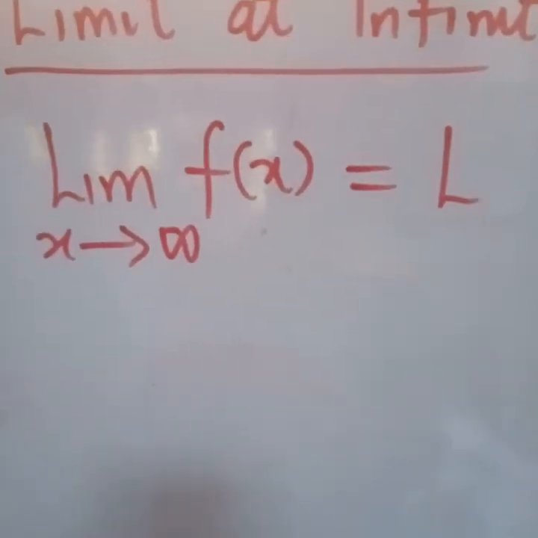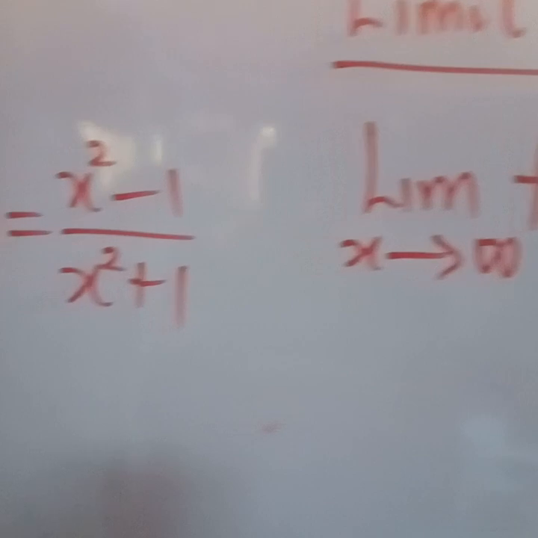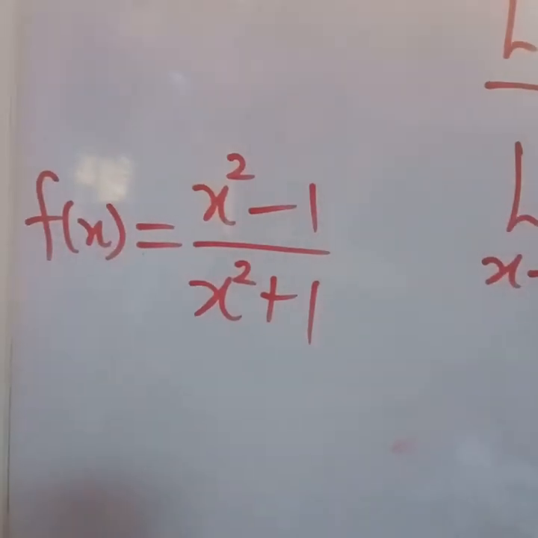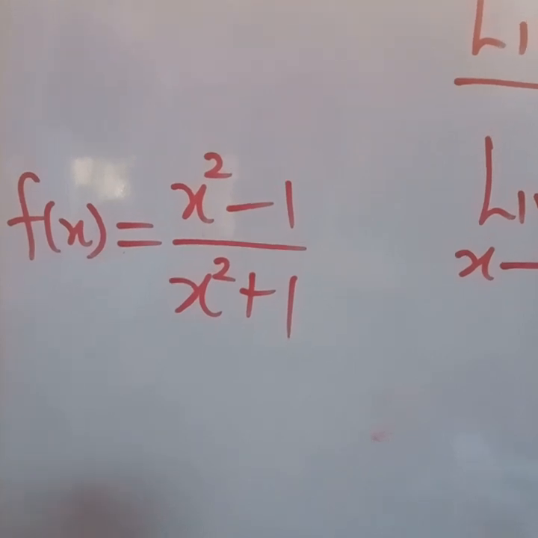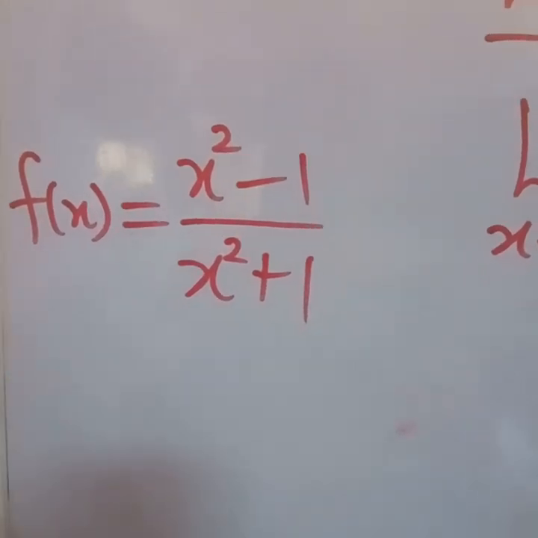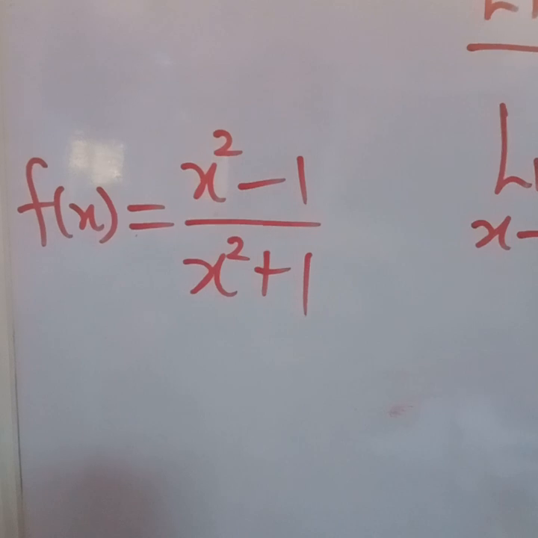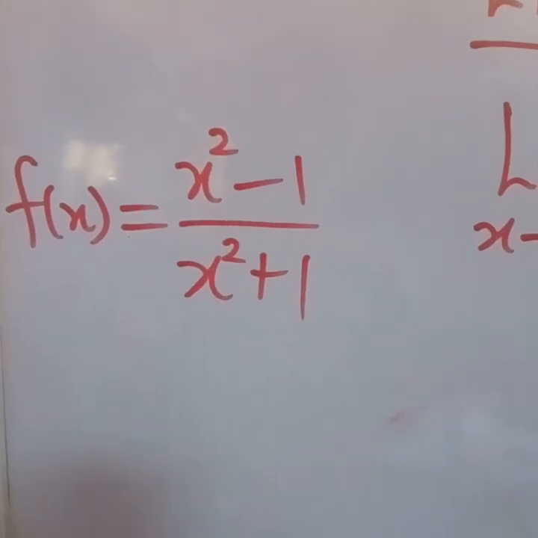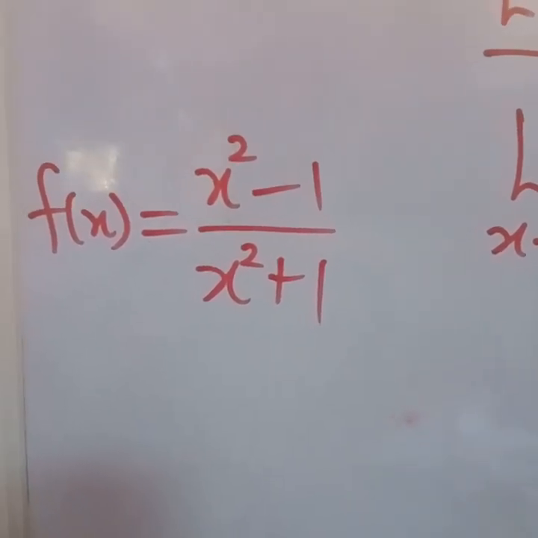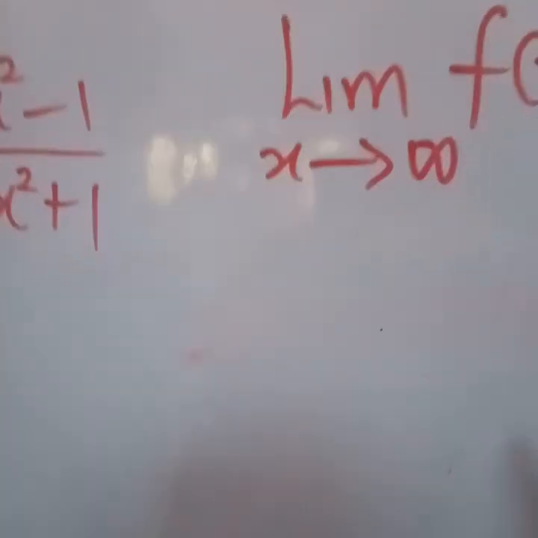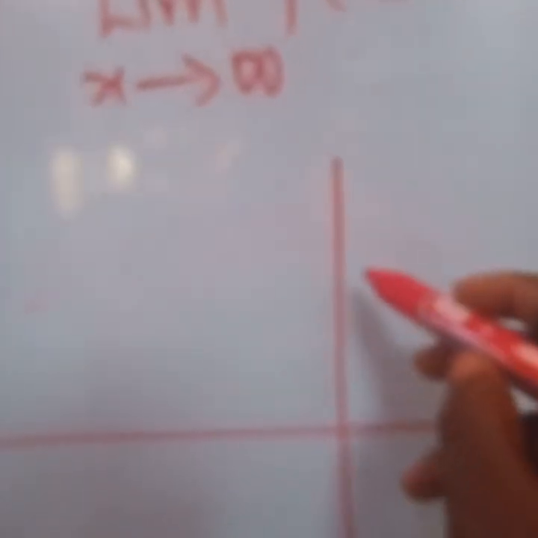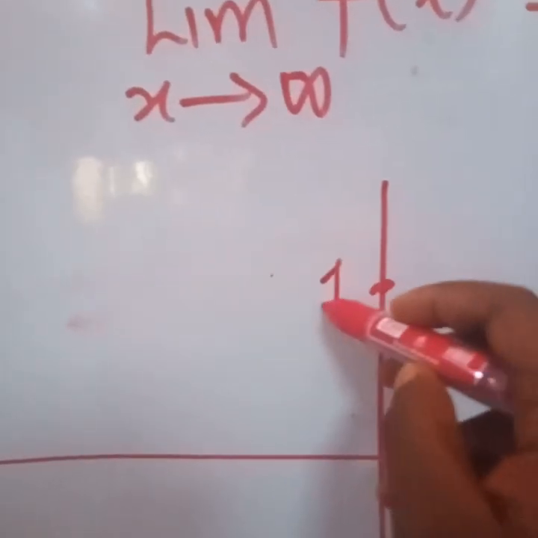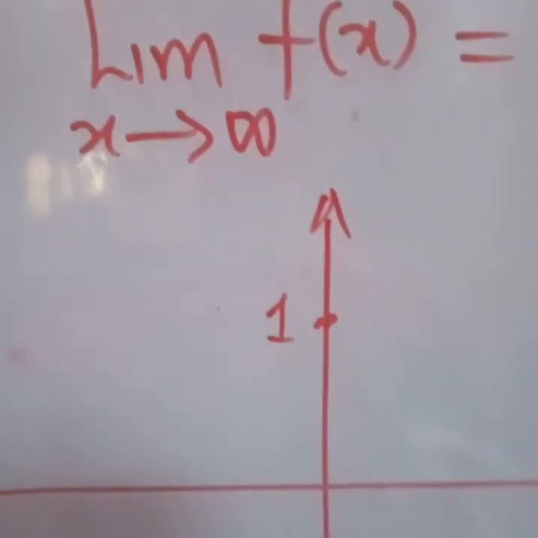So let us start by first investigating the function f of x equal to x squared minus 1 all over x squared plus 1. So let's first see how this function behaves graphically. So we want to represent this function graphically.